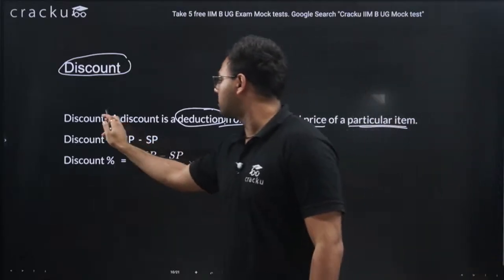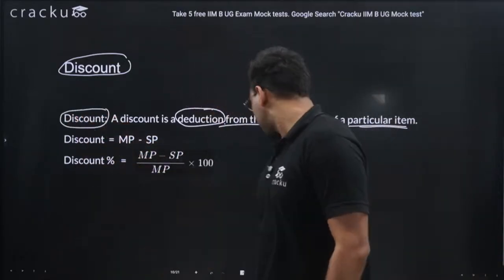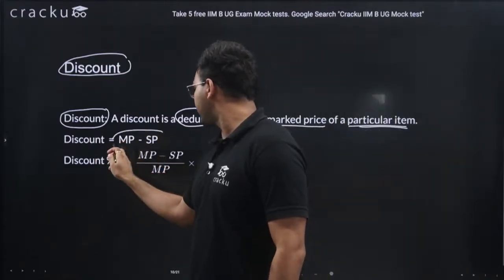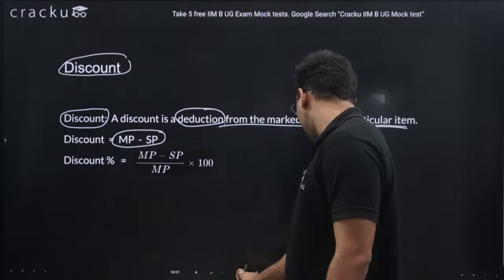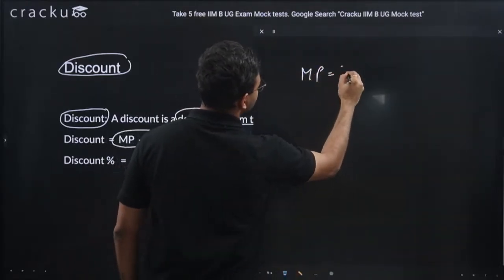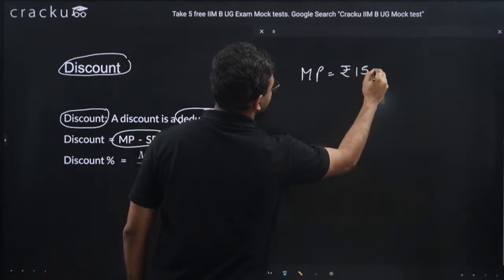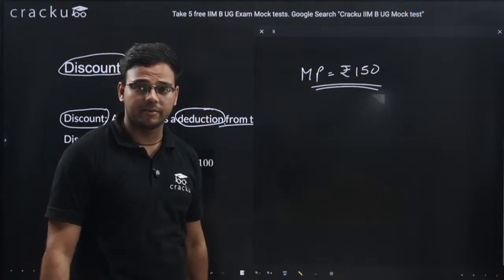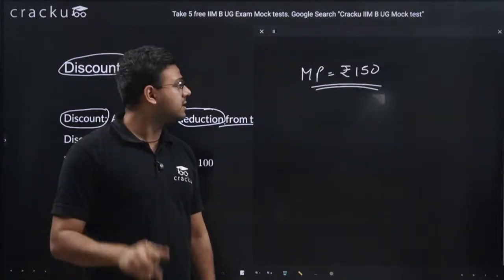The deduction in the mark price of a particular item is represented by discount. The formula for discount is mark price minus selling price. So let's say the mark price of the item was rupees 150. I put the label as rupees 150. Now I am the shopkeeper and you are the consumer.